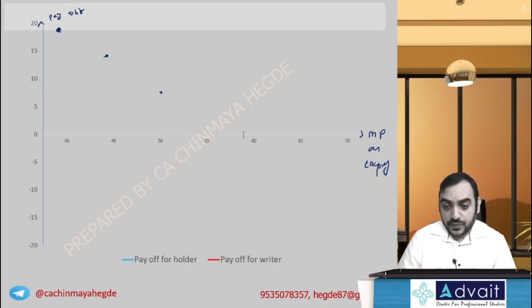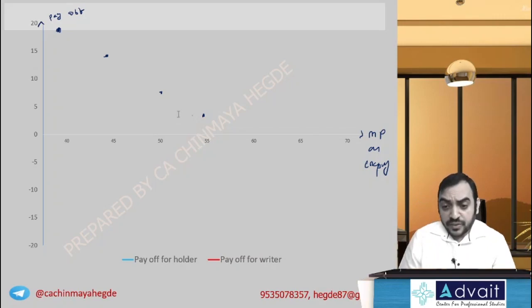At 55 rupees, we got, sorry, not minus 3, plus 3, somewhere here, a little bit below. As you can see, as the market price increased, the profit is coming down.